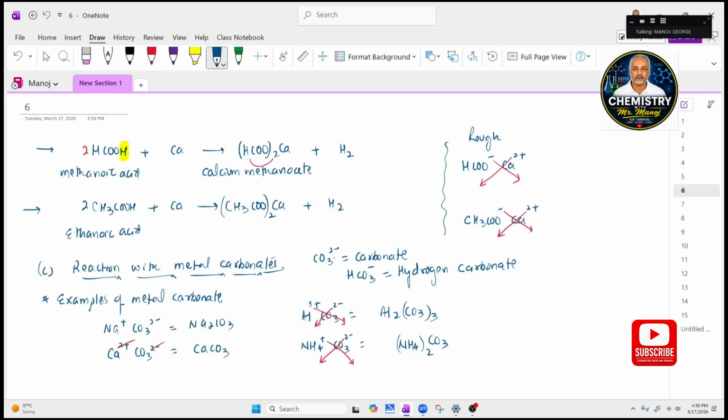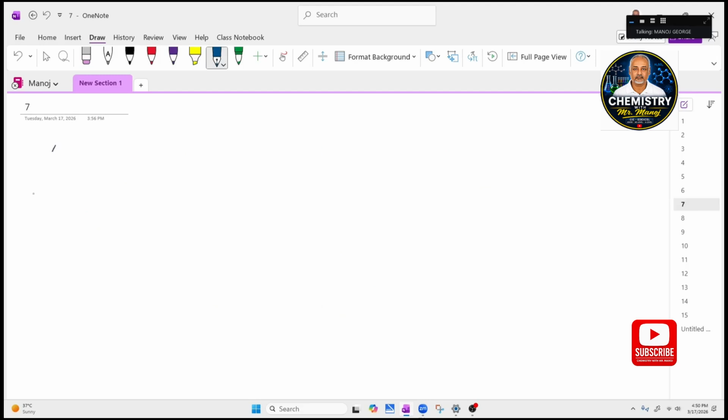Now I'm going to give you examples of metal hydrogen carbonate, because first of all, get the formula of the carbonate correct, because if that goes wrong, then your equation goes wrong, everything goes wrong. So first, let's be familiar with the carbonates. Let's have a look at a few examples of metal hydrogen carbonate.